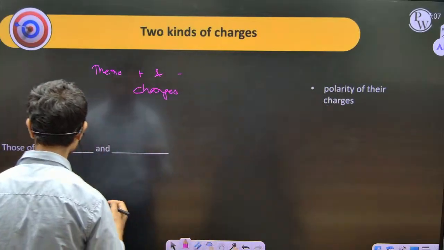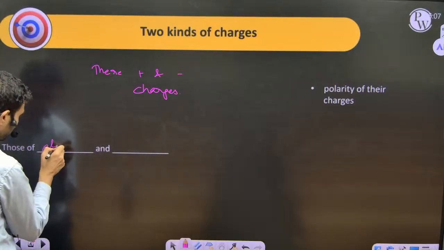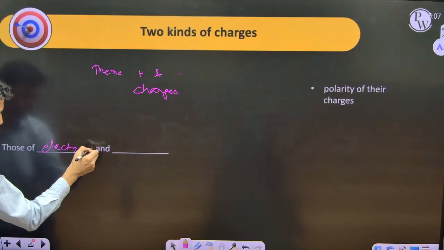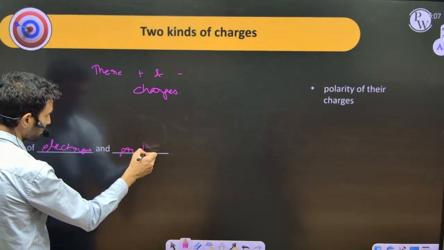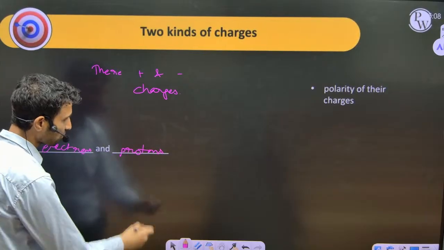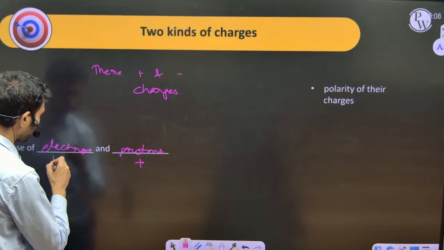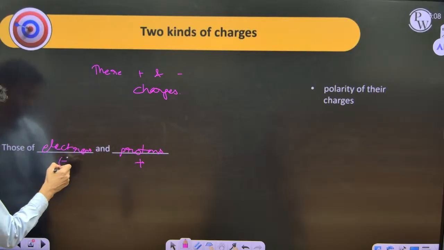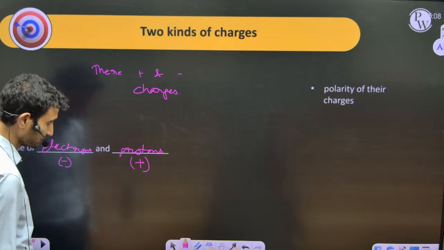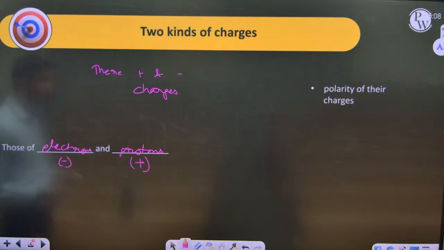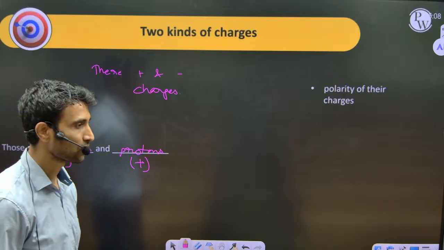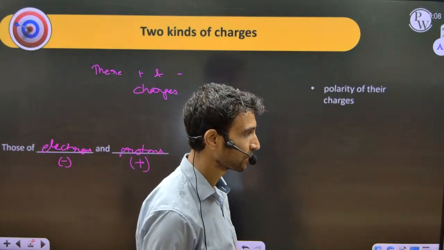The fundamental charges are those of electrons and protons. Protons have a positive charge, while electrons have a negative charge. This is also something that you must already know.